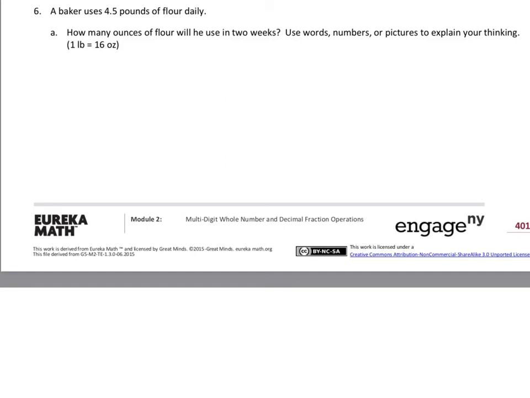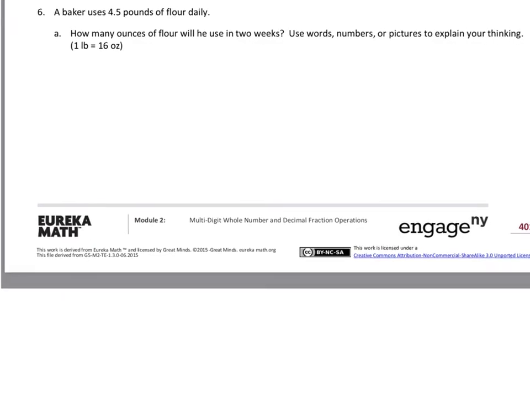So we need to find out, first of all, how many ounces of flour is used just in one day, and we know that he uses 4.5 pounds of flour daily. Now this is the key to help us solve the problem right here: 1 pound is equal to 16 ounces. So let's go ahead and find out how many ounces are used in one day. We have 4.5, and we're going to multiply that by 16. This will tell us how much is used in one day.